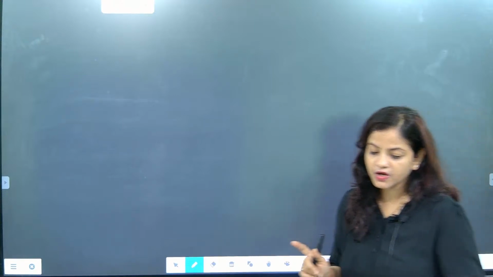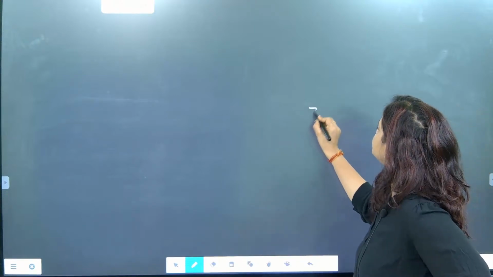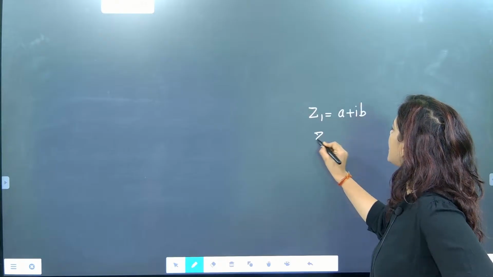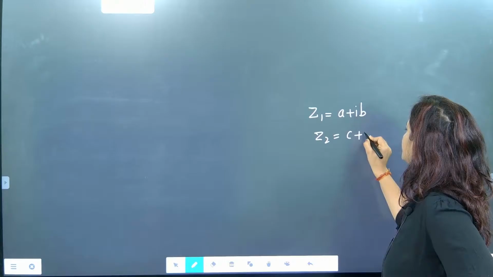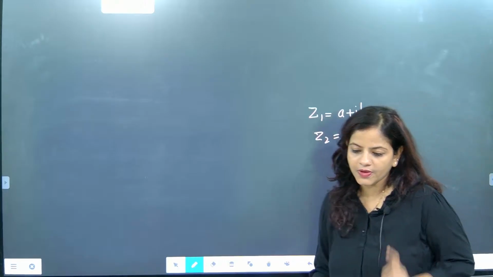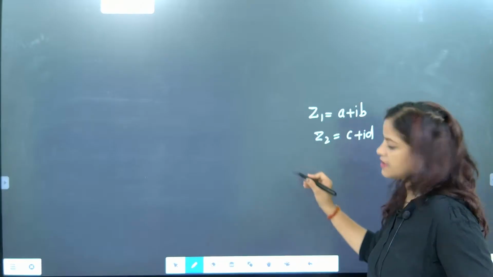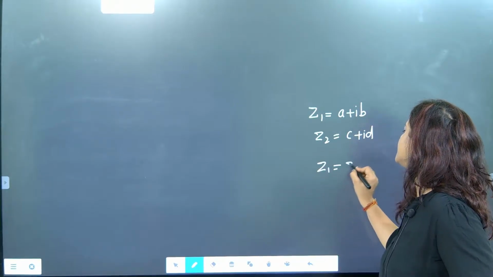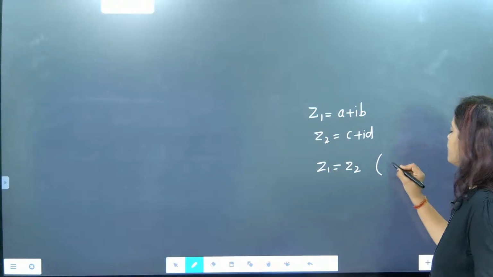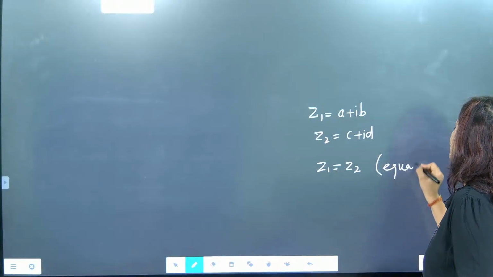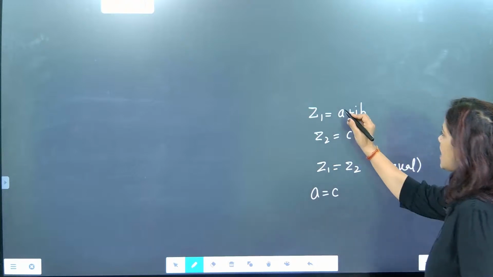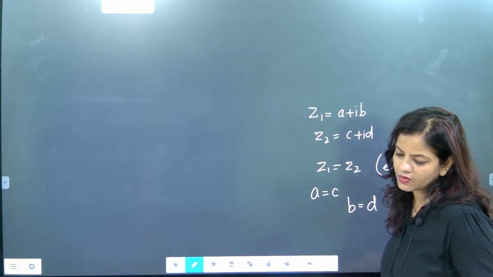Now first we are going to understand that when one number is a plus ib and the other is c plus id, when two complex numbers are equal, that is z1 is equal to z2, then the real part will be equal to the real part, that is a is equal to c, and the imaginary part will be equal to the imaginary part, that is b is equal to d.